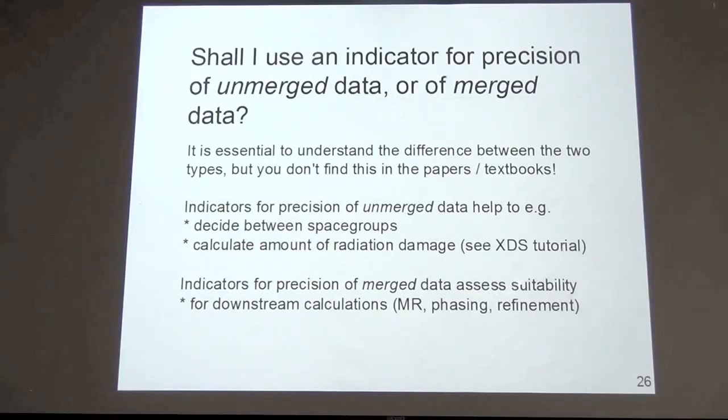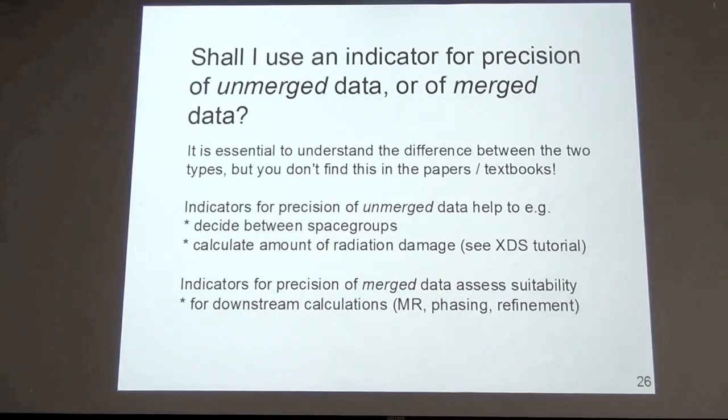And this is important for anything having to do with downstream calculations. So whenever you use merged intensities to calculate something downstream from data processing, let's say molecular replacement, phasing, or refinement, then you are actually interested in the precision of those merged data because you are not using the unmerged data anymore, right?